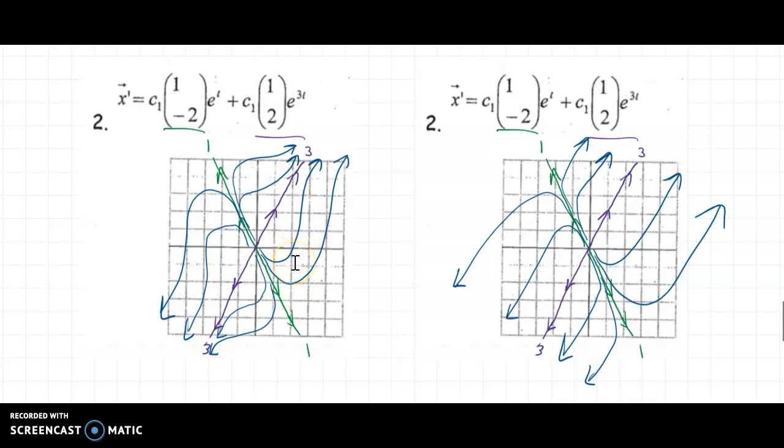And I'm going to try to show you why. And I'm also going to try to show you why once they go out and they change directions, then they go parallel to the larger vector, or the vector with the larger exponential value.